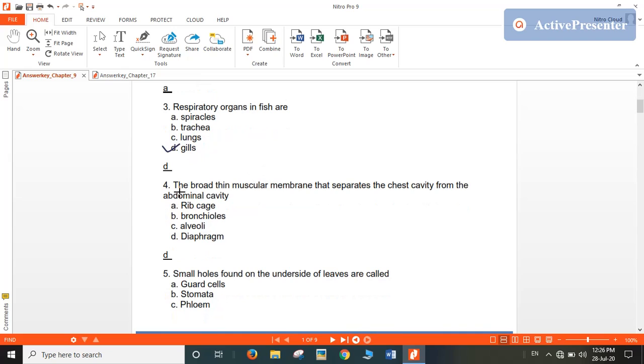Next question: the broad thin muscular membrane that separates the chest cavity from the abdominal cavity. The answer would be diaphragm. The diaphragm is a muscular membrane which separates the chest cavity and abdominal cavity. So D is the answer.